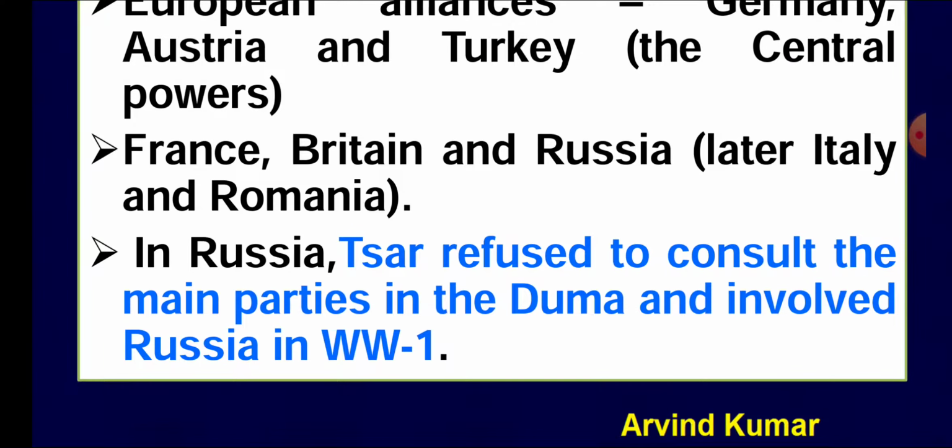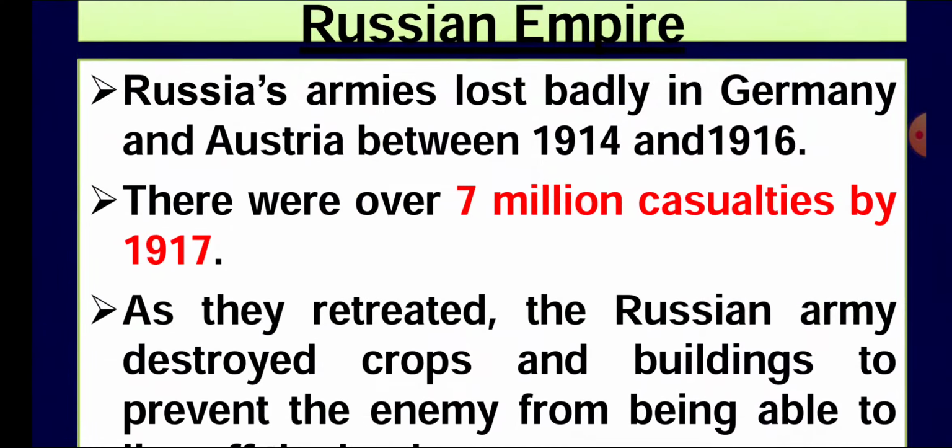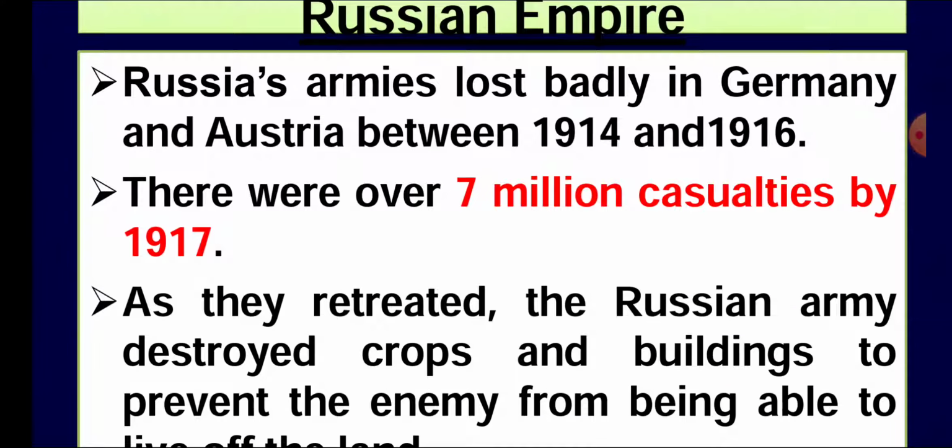So people were not happy with the decisions taken by Tsar Nicholas II. They believed that because of the lack of farsightedness, 7 million casualties took place in Russia because of the poor decision taken by the Tsar.